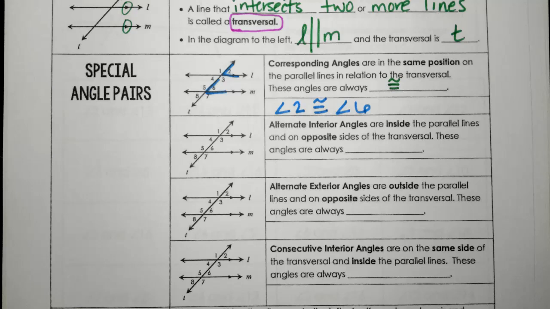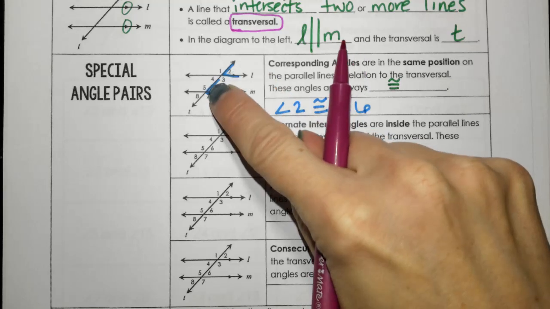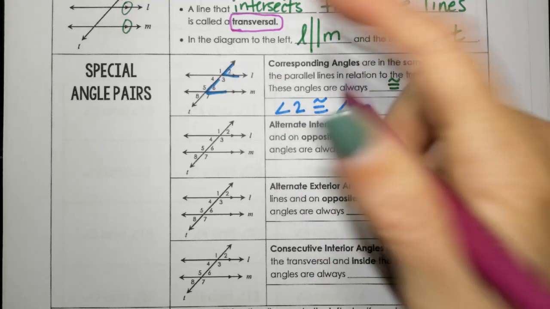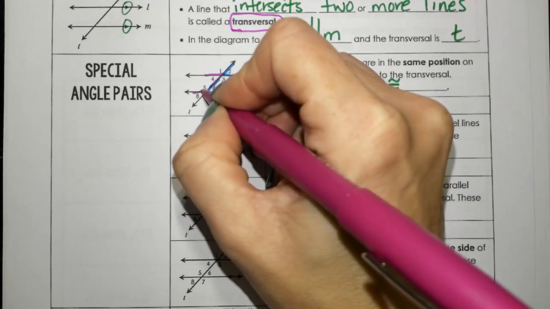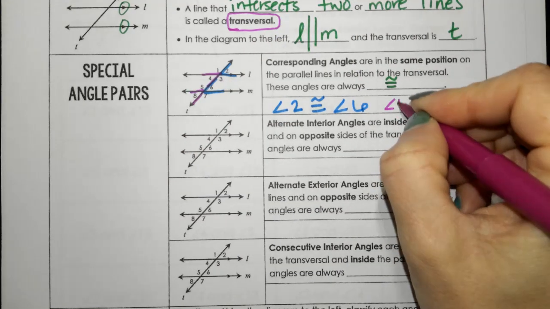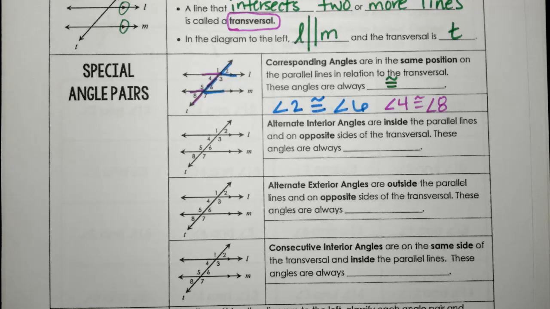I'm going to mark 2 more of these so you can see. So they're in the exact same position. So it's almost as if I could slide angle 6 up along the transversal. It would fit perfectly on angle 2. So another pair would be angle 4 and angle 8. So we could say angle 4 is congruent to angle 8. There we go.